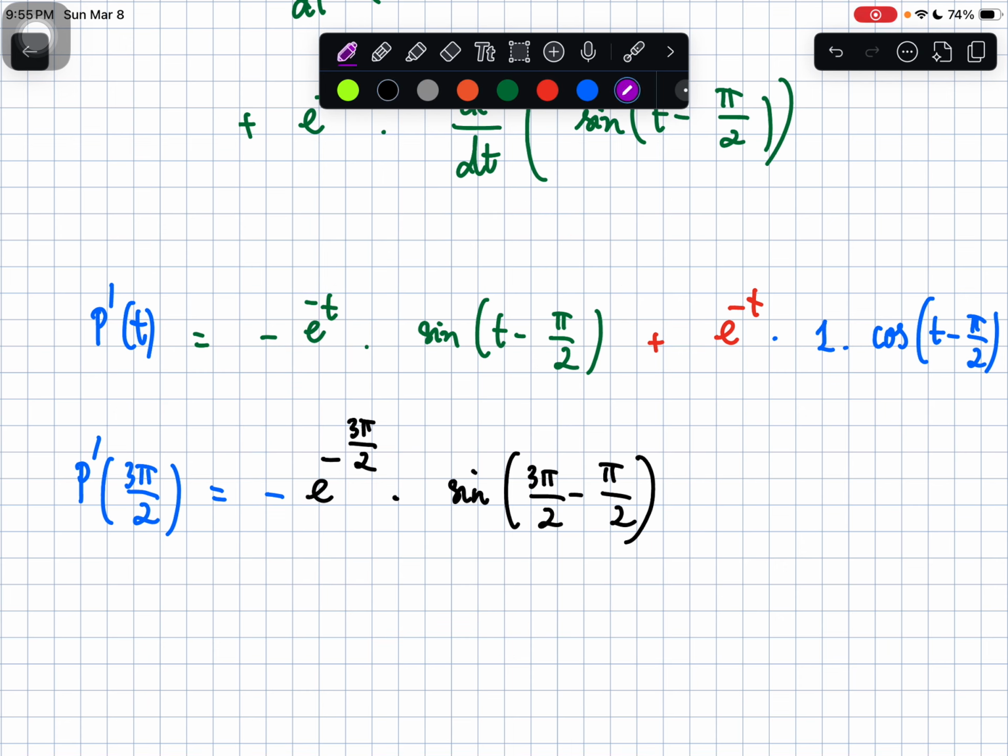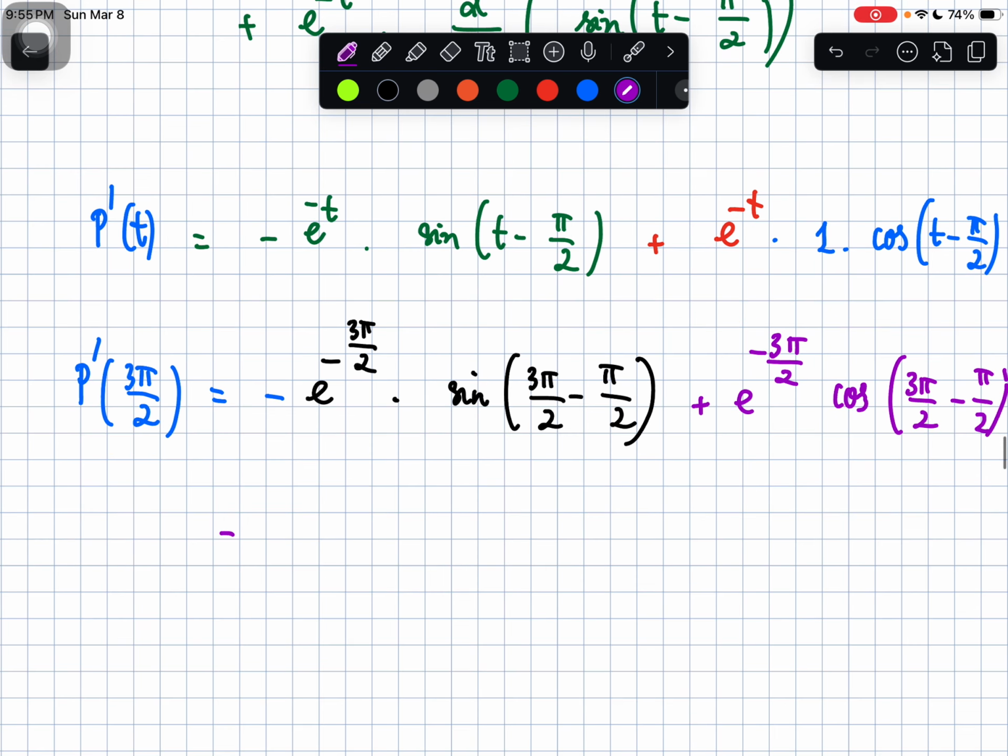The other term here, e to the minus 3 pi over 2 cosine of 3 pi over 2 minus pi over 2, is non-zero.